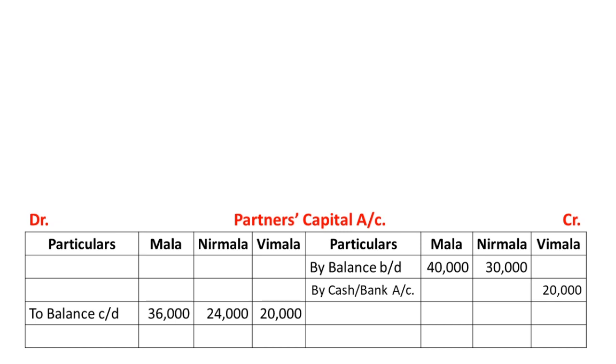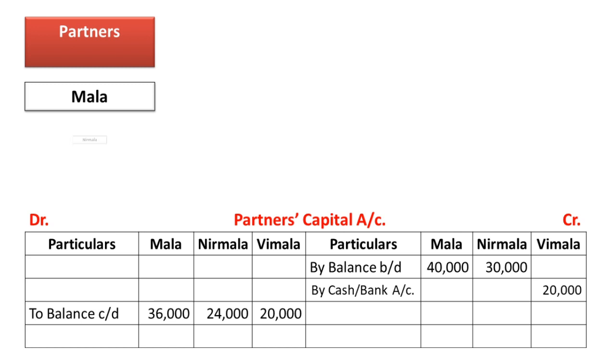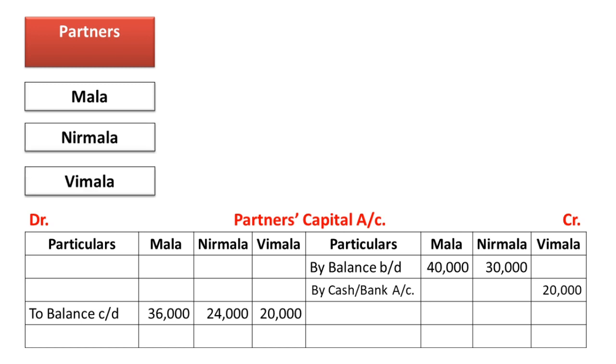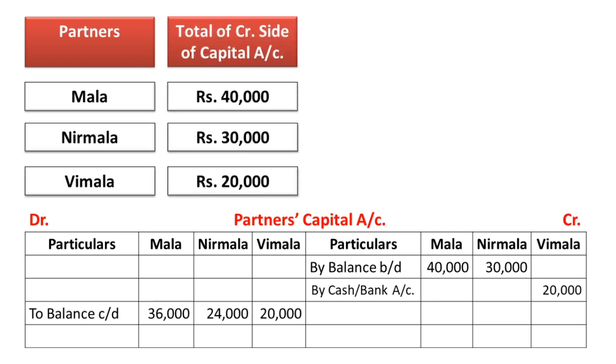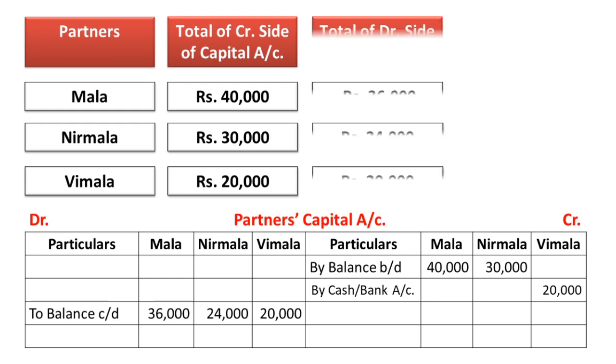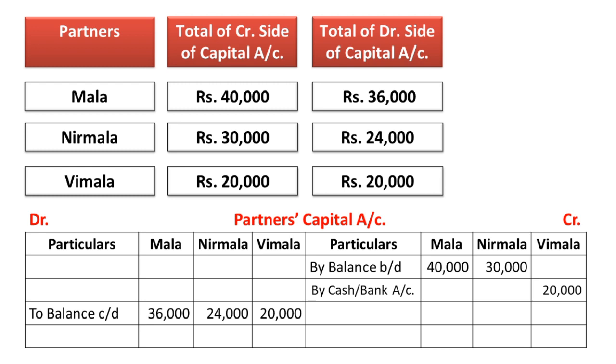So the analysis of this indicates there are three partners, Mala, Nirmala and Vimala, and the total of credit side is rupees 40,000 for the first column, rupees 30,000 and rupees 20,000 for the columns of Nirmala and Vimala. Total of debit side is 36,000, 24,000 and 20,000.